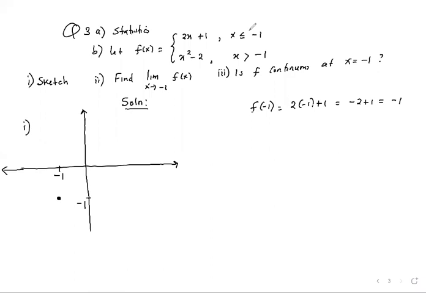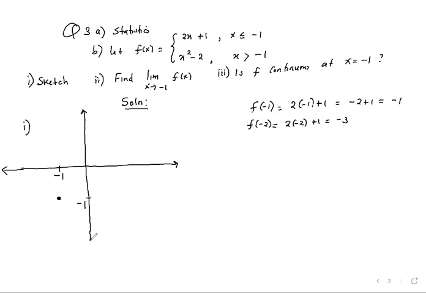And then the question says, when x is less, so I can't use this function to substitute a number that is bigger than -1. I look for numbers less than -1, like -2. What do I get? I get 2 times -2 plus 1. That's -3. So I know it's going down.